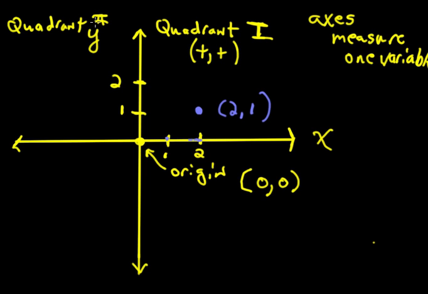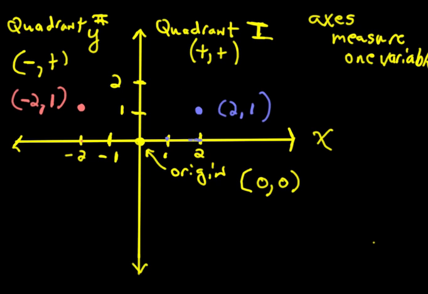This is quadrant 2. Well, the x values over here are -1, -2. So the x is negative and the y is positive. And over here, we could have a point of -2, +1. And that's that point in space. That tells us where this point is.